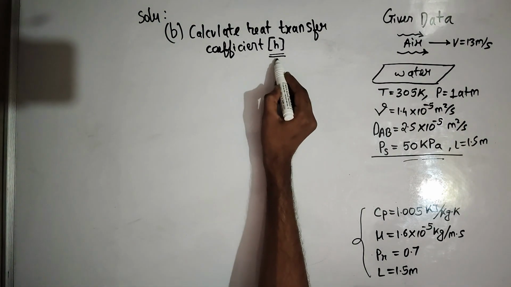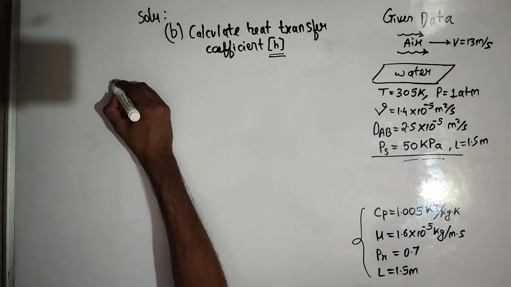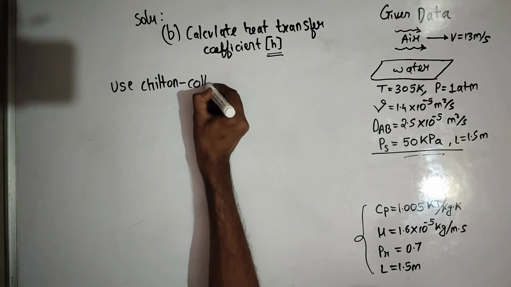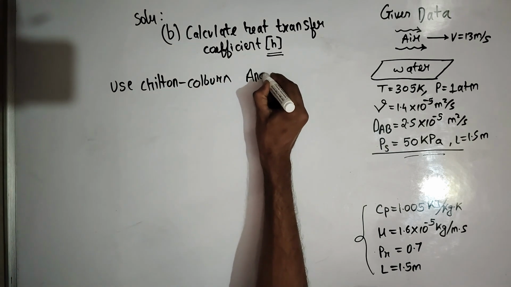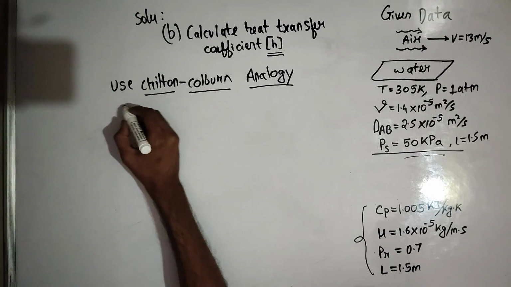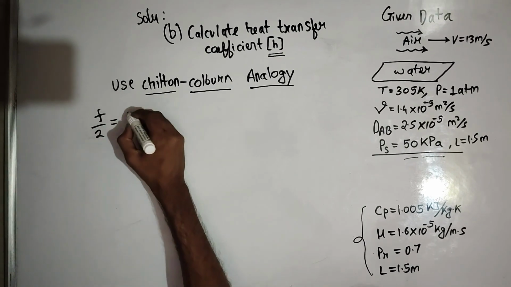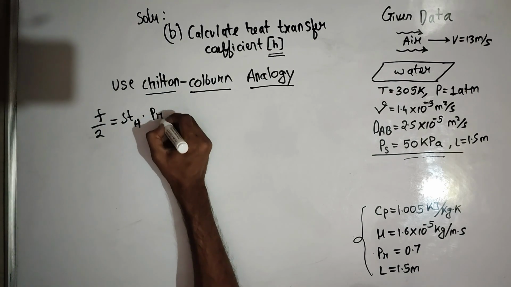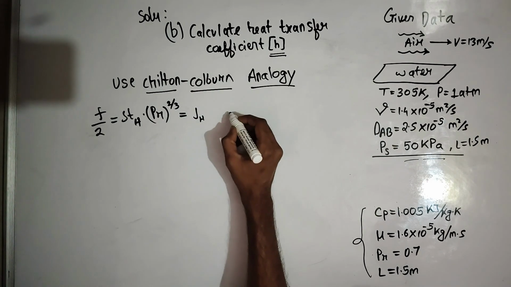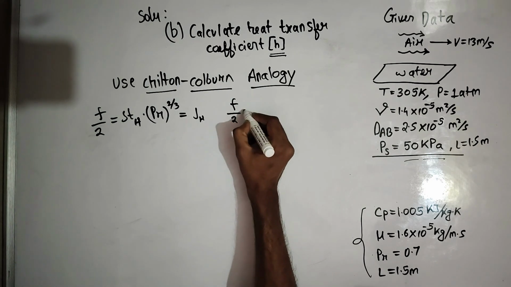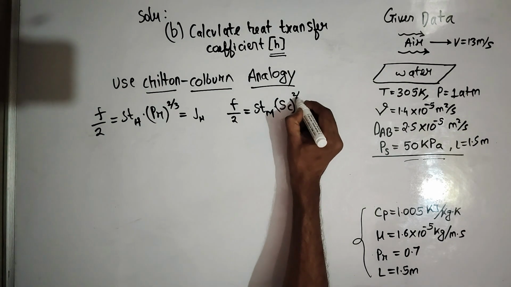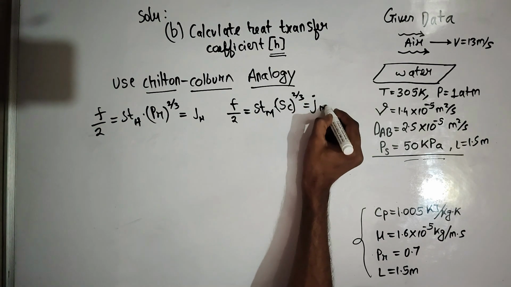To calculate the heat transfer coefficient, we have to use the Chilton-Colburn analogy, which gives us two equations: f by 2 equals Stanton number for heat transfer into Prandtl number to the power of 2 by 3, which is the j factor of heat transfer, and f by 2 equals Stanton number for mass transfer into Schmidt number to the power 2 by 3, which is the j factor for mass transfer.